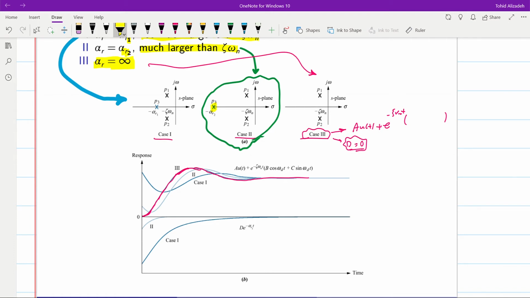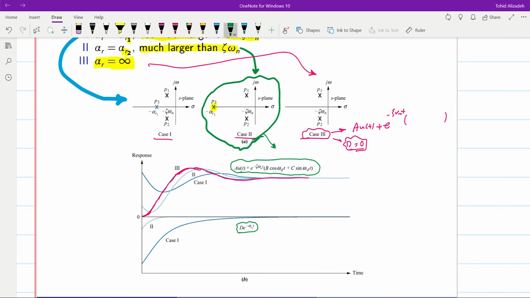We will have two main parts for the step response. One main part will be A u of t plus e to the power of minus zeta omega n t times the rest. And the next part will be d times e to the minus alpha r2 times t.